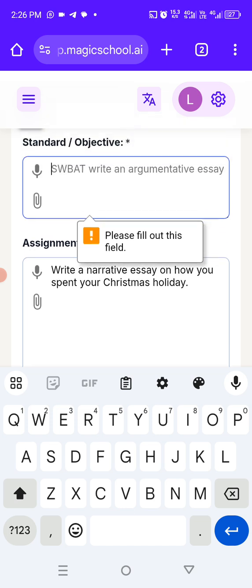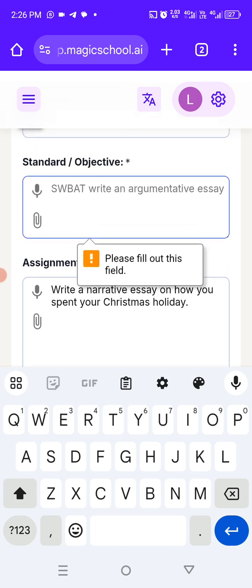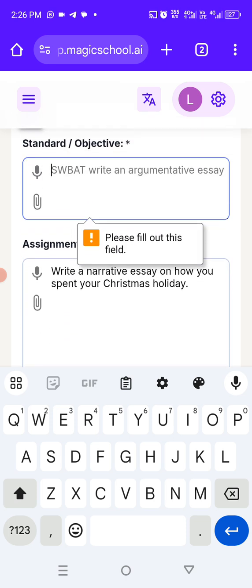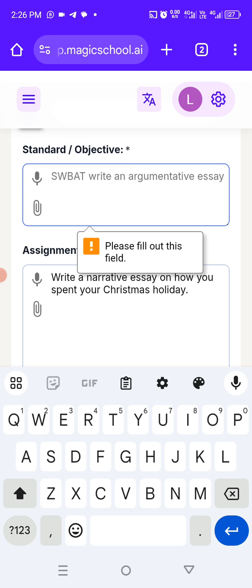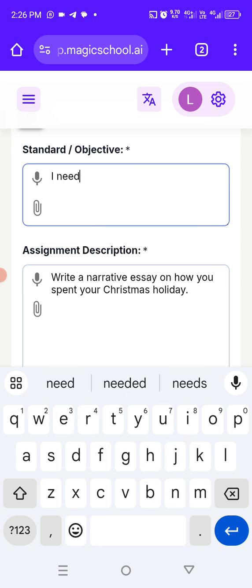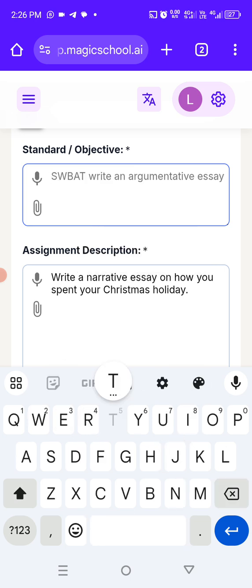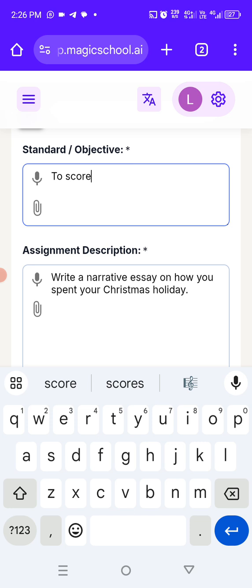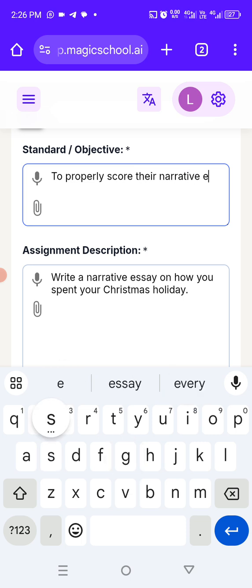It says fill out this field. Objective. Let me just say I need to properly score their narrative essay.